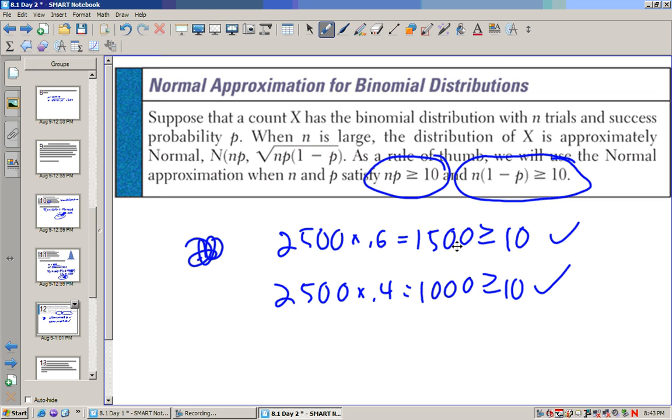So that works. Since these numbers are so big, it's going to be pretty close to a normal graph. If these numbers are really close to 10, it makes the normal approximation less good. But we'll say if np is greater than 10 and n times 1 minus p is greater than 10, that's good enough to use a normal approximation.